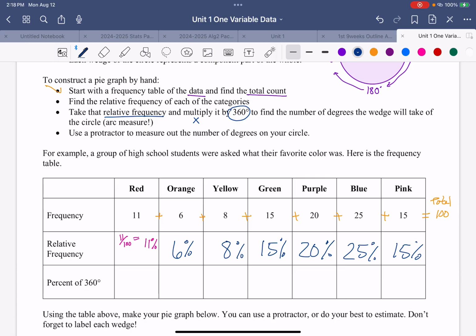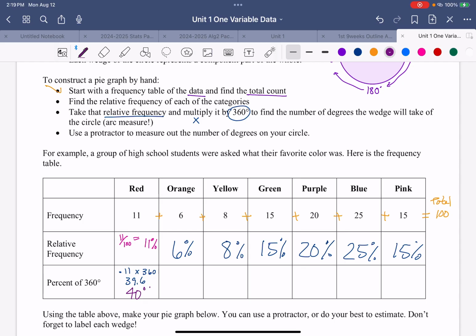If I go into my calculator and multiply 11%, which is 0.11, by 360, it gives us the degrees to create our pie graph. You'll see we get 39.6 degrees. We're not going to get into decimals. You want a whole number, so we round, and that gives us 40 degrees.